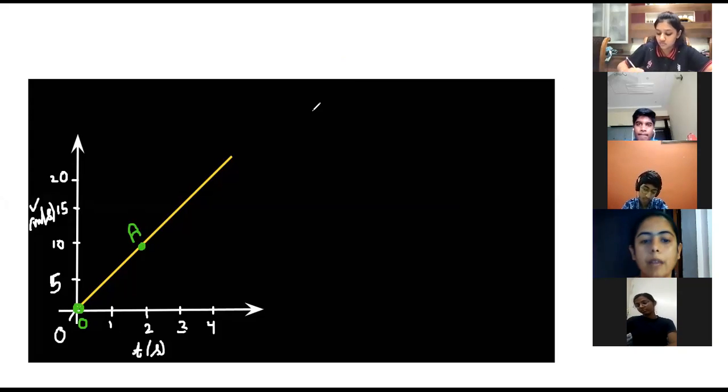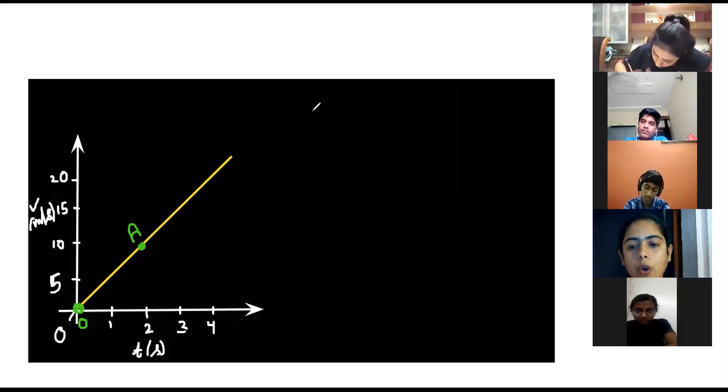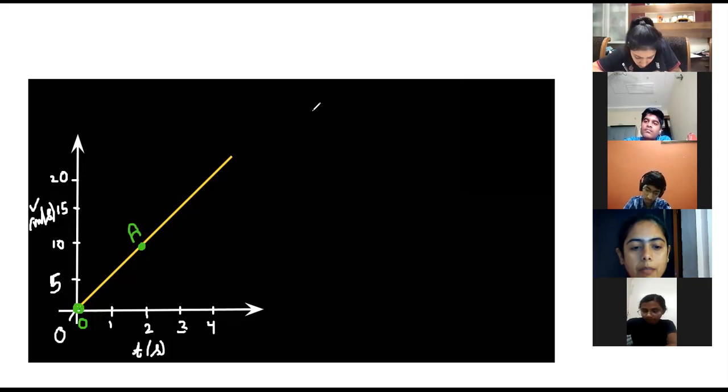Okay, now the first step. From O and A, draw the straight lines onto the time axis. Quickly. From O and A. See, O is on the time axis. So draw nahi karoge. From A, draw a straight line onto the time axis. You will see that it meets at a point where it is written 2 seconds. Fine. Okay.